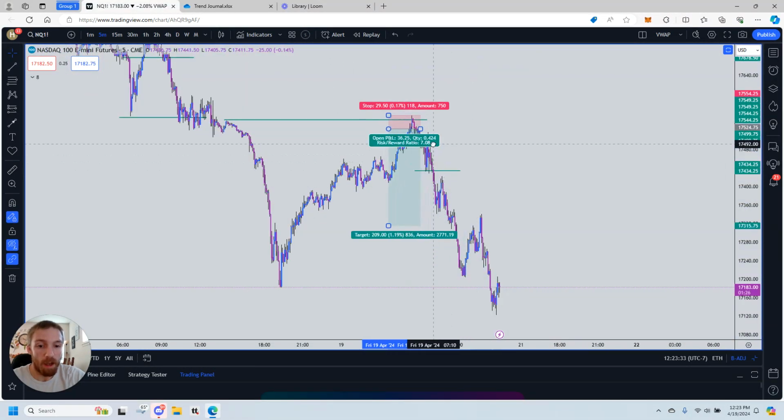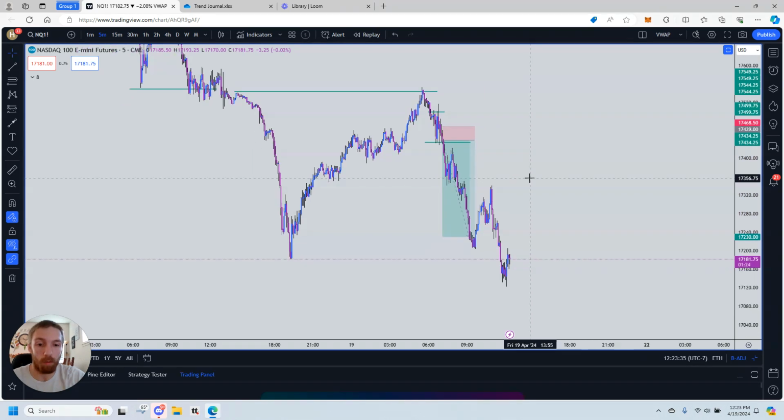And so that's how you were able to get around the day, the whole week. That's how you could have traded it with the ORB every single day, and how we were able to use our higher time frame trend system that we have to confirm our downside higher time frame moves.